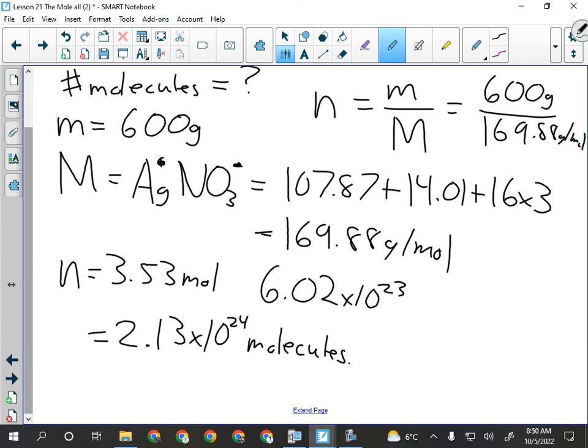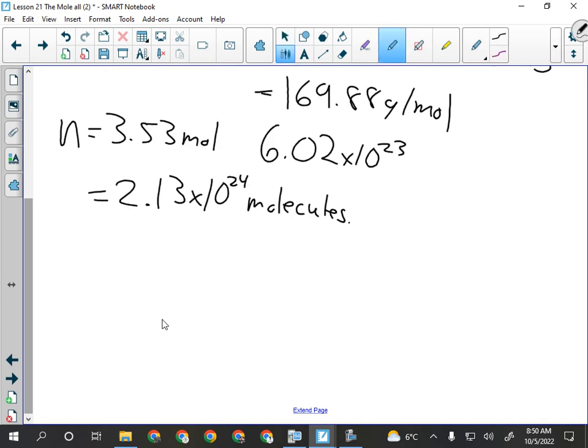Now if you don't have a TI, your other options for buttons on your calculator: some calculators, like this TI, actually have a dedicated EE button.